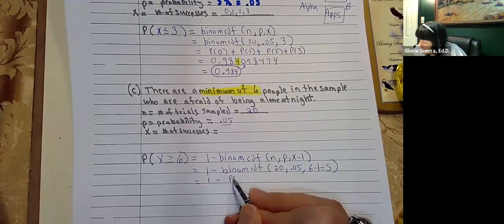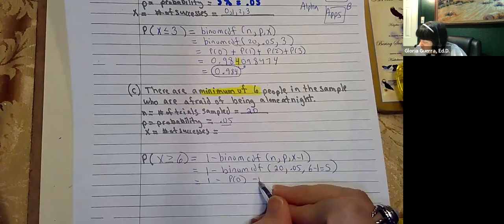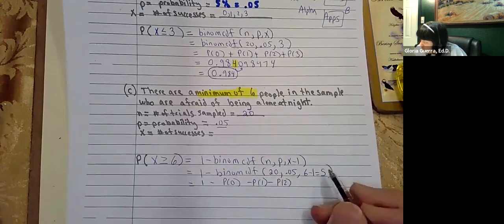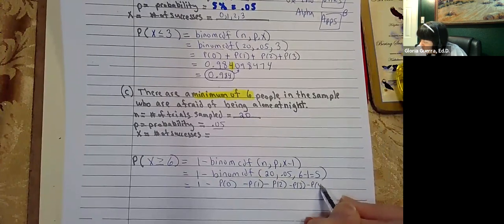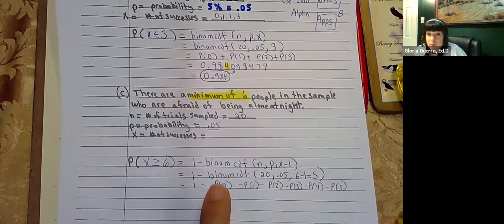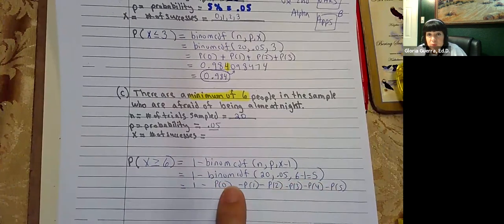And remember, CDF starts with 0. So it's taking away P of 0, taking away P of 1, taking away P of 2, taking away P of 3, taking away P of 4, all the way taking away P of 5. See, 1 minus binomial CDF, 6 minus 1 is 5. So you're taking away all of these.